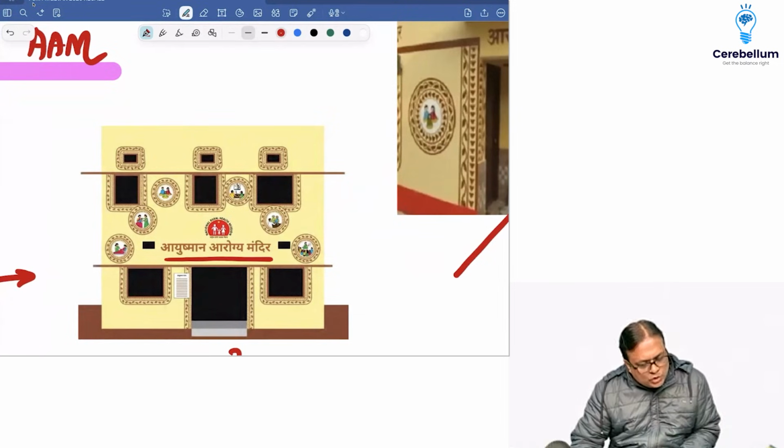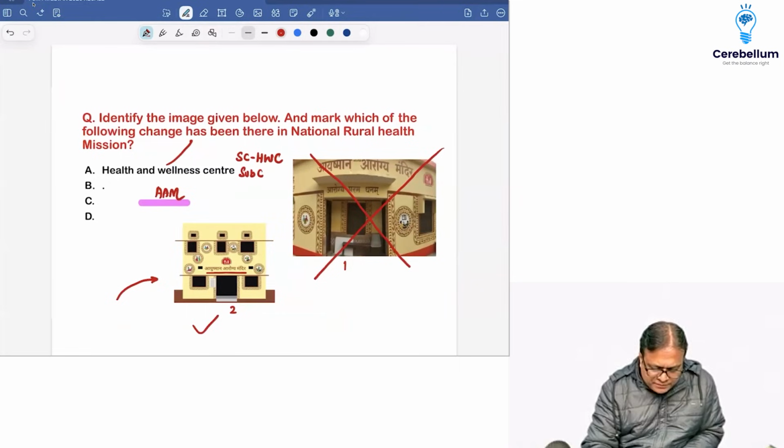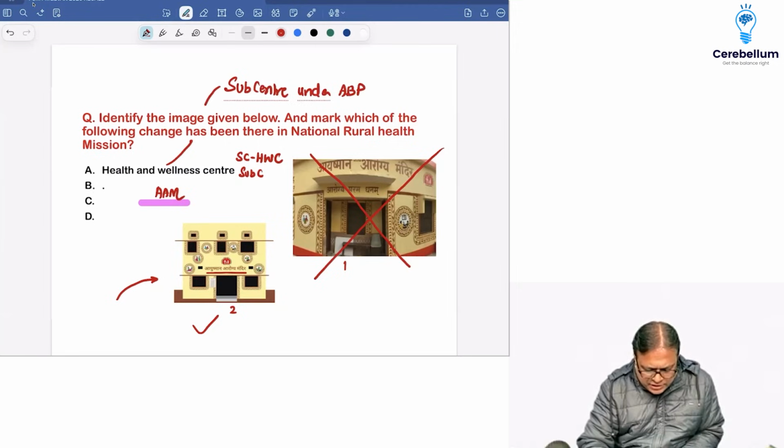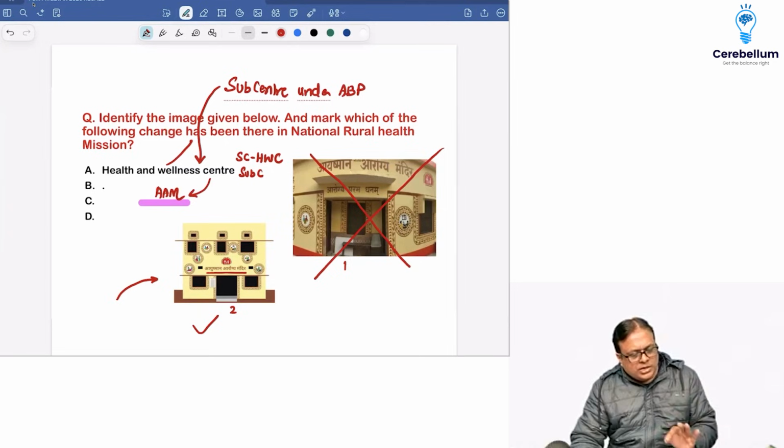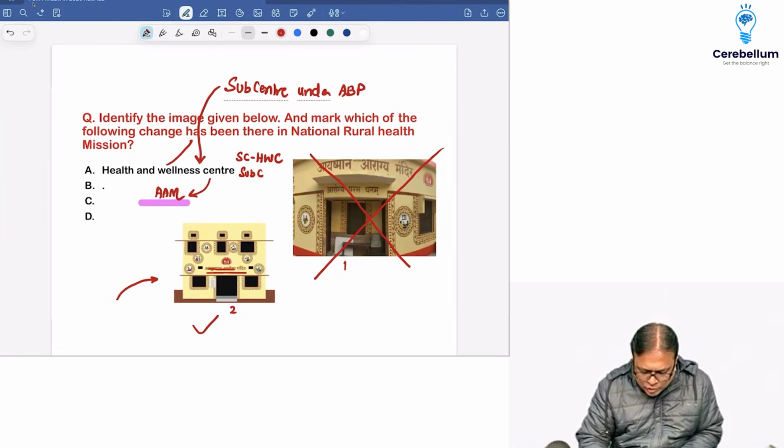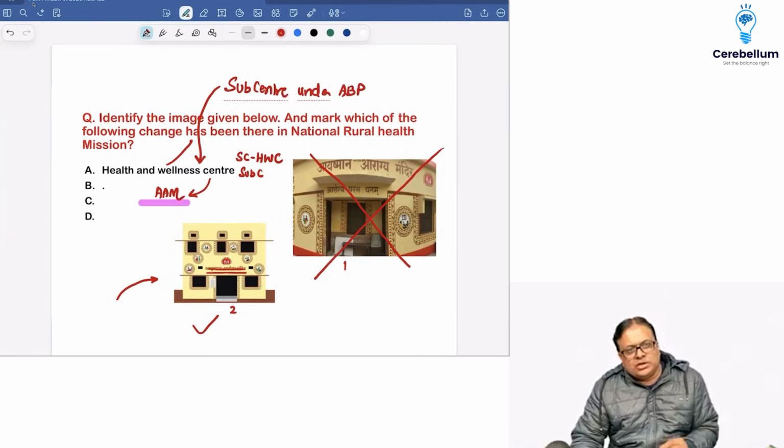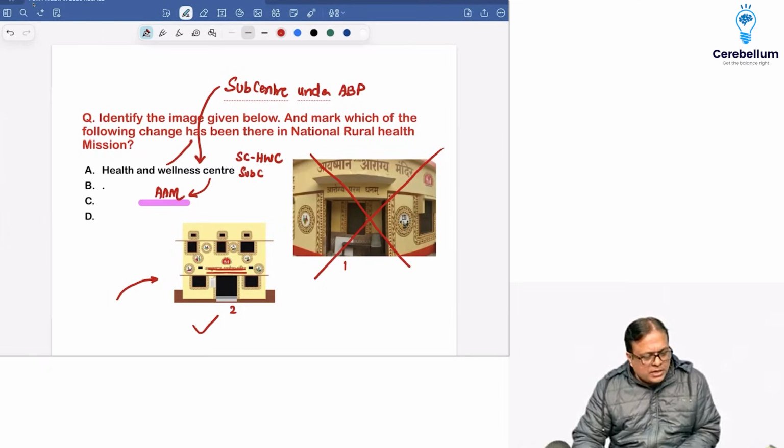New name is Ayushman Arogya Mandir. Earlier it was Health and Wellness Center, Sub Center under Ayushman Bharat program, which came to be known as Health and Wellness Center, and that came to be known as Ayushman Arogya Mandir. No name was there on the photograph. Okay. So Ayushman Arogya Mandir.